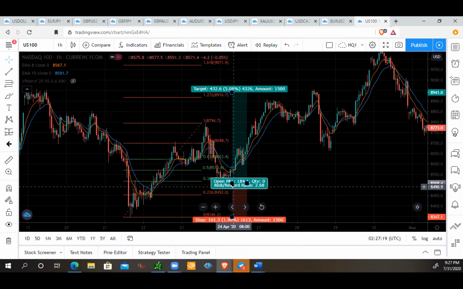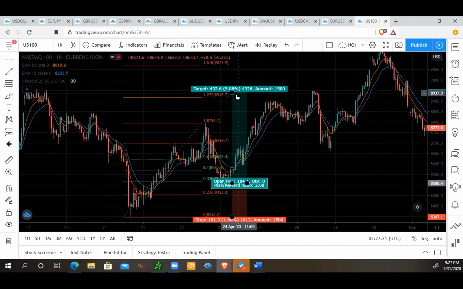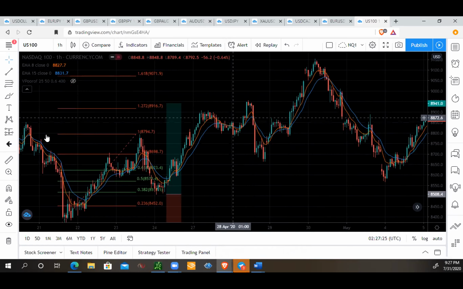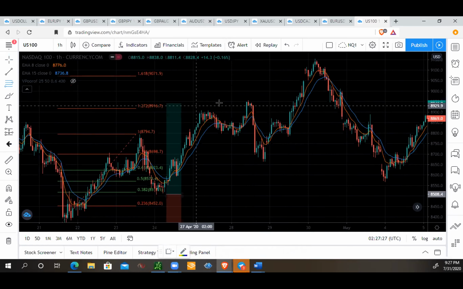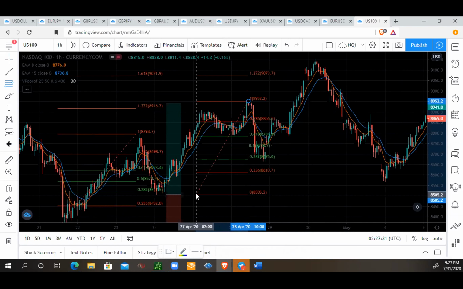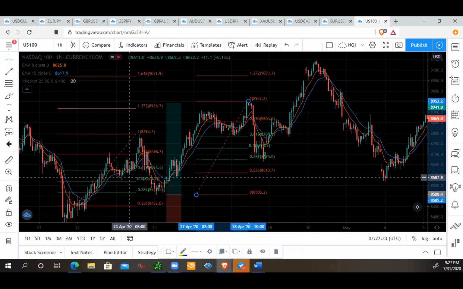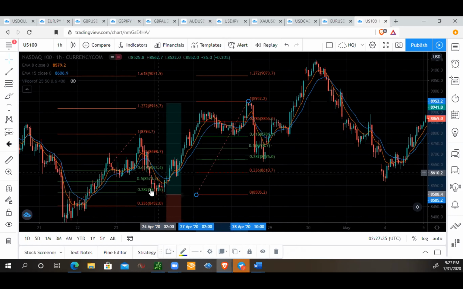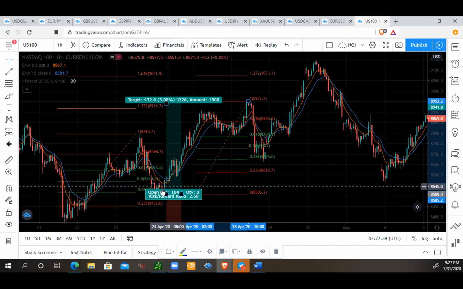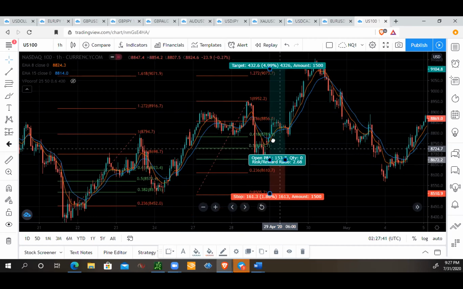Came back, took off, went right to the target. Now this is probably another one. See, you can get to where you can start seeing it with your eyes. And usually they're going to be the same. So this one came down to about 38%. This one came down to 38%. That's why you normally get in on the retrace.